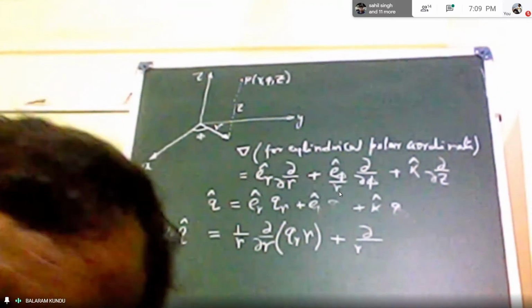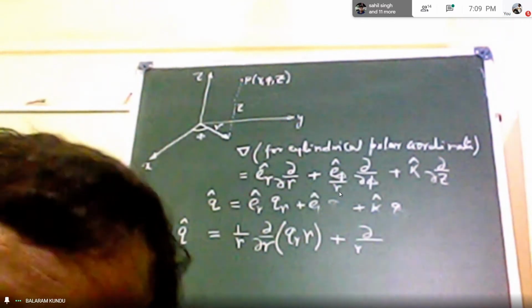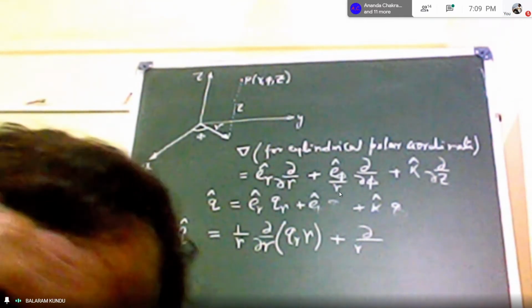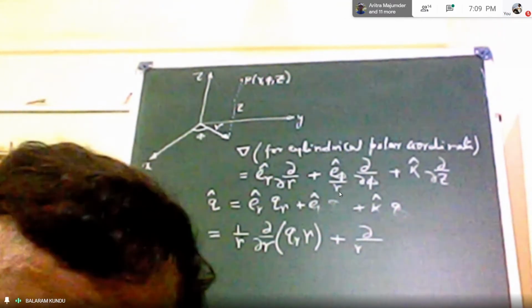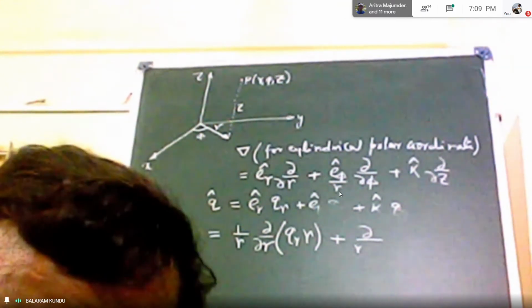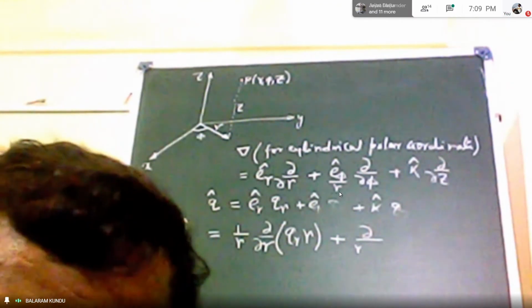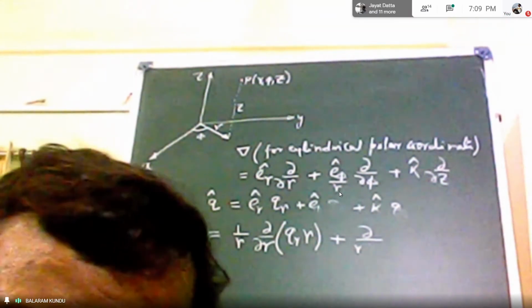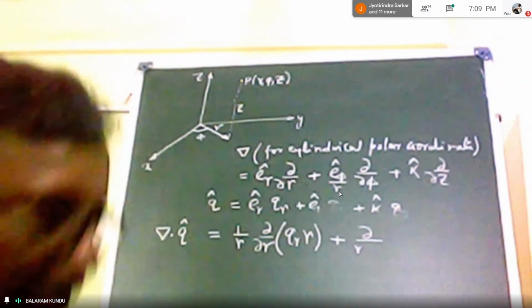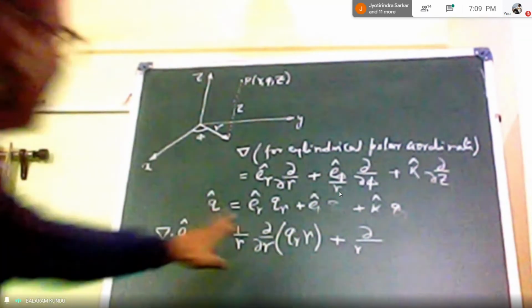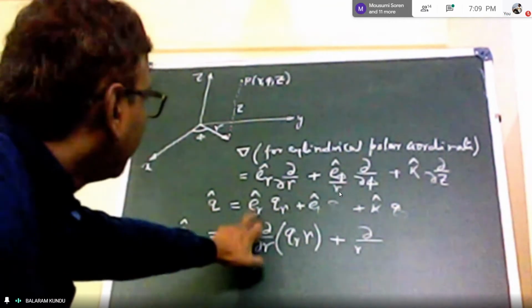So actually, a dot product, okay, is not possible directly. The dot product, say grad dot q expression has been written here, and in the cylindrical coordinate system it is not possible directly, because I already mentioned that. We have to know the nature of the unit vectors.